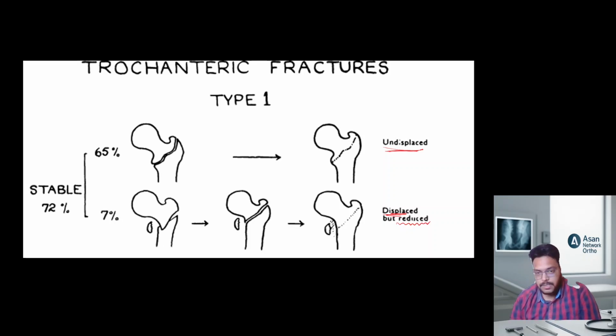Okay, clinically speaking, Evans is an intraoperative classification, that is on table you are going to reduce the fracture. If the fracture is able to be reduced even if it is displaced, then it's a stable fracture.